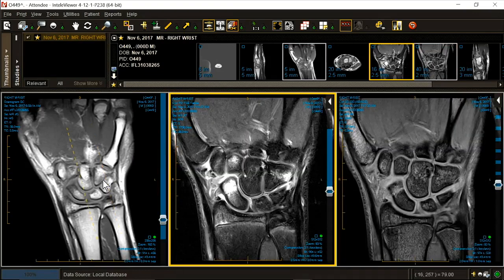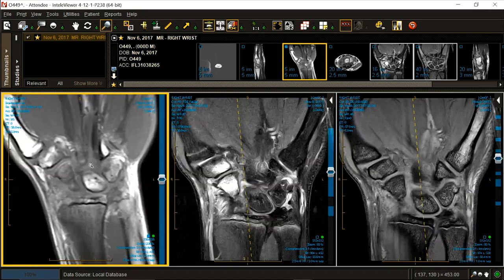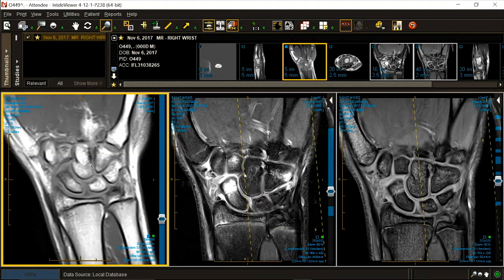Let's do it. T1, anatomy, spin echo on the left. Perhaps you might have thought about scapholunate widening, but in children, big ligaments, big cartilage, bigger space.